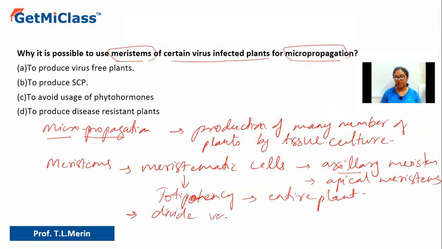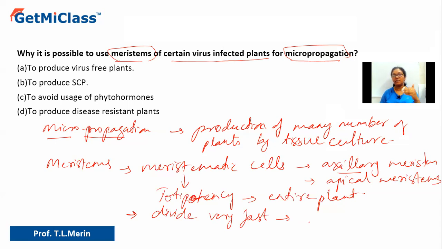They divide so fast that they will not allow the virus to complete its life cycle. Usually a virus needs the host to complete its life cycle and to produce more viral particles. But because the cells undergo very fast division, the virus is not able to complete its life cycle within a single cell. The virus tries to complete, but by then the cell has divided.